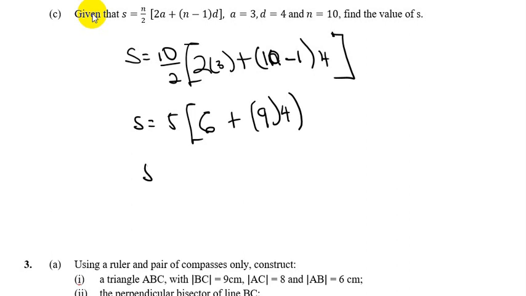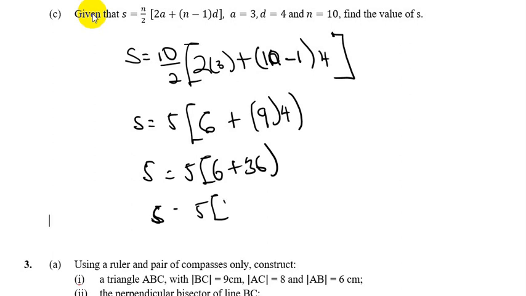Then we are going to get S being equal to 5 bracket 6 plus 36, because 9 times 4 is 36. 6 plus 36 gives us what? 42. Then we multiply 42 by 5, and we're going to get what? 210. So the value for S, as far as this question is concerned, is 210.